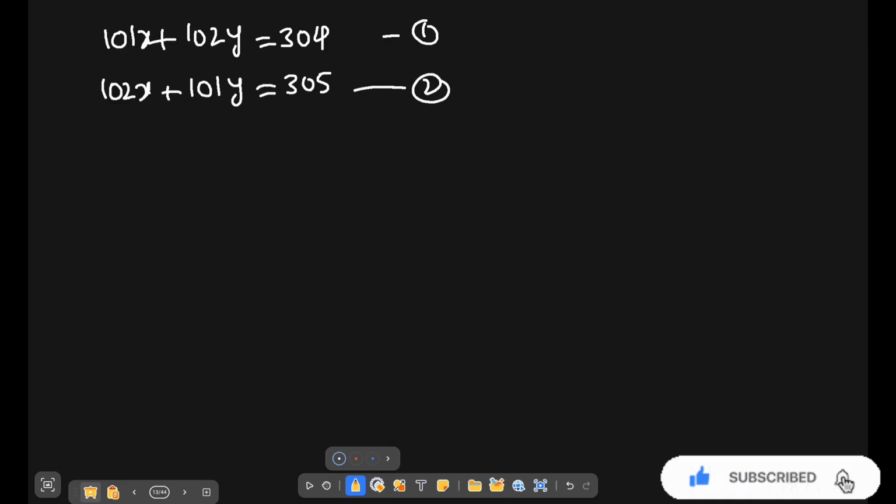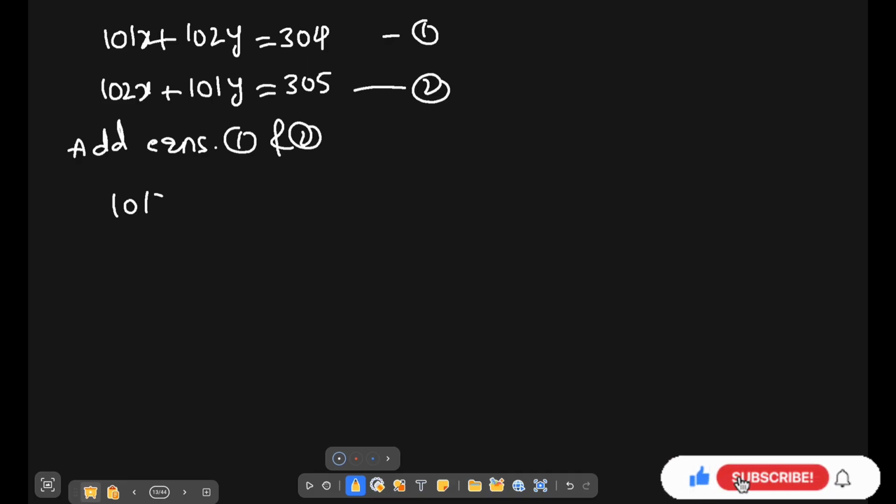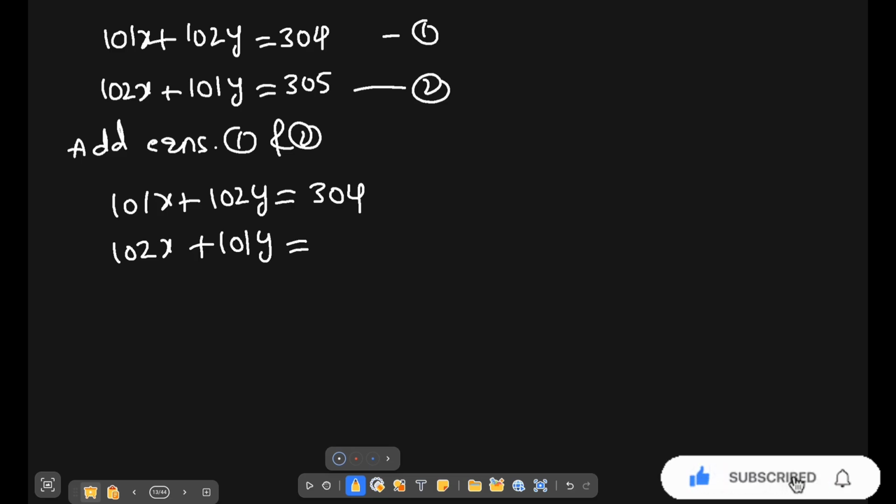Add equation 1 and 2 once. Equation 1 is 101x plus 102y is equal to 304. Under that, 102x plus 101y is equal to 305.